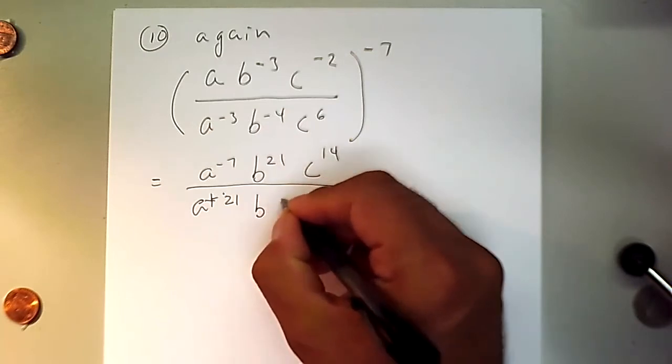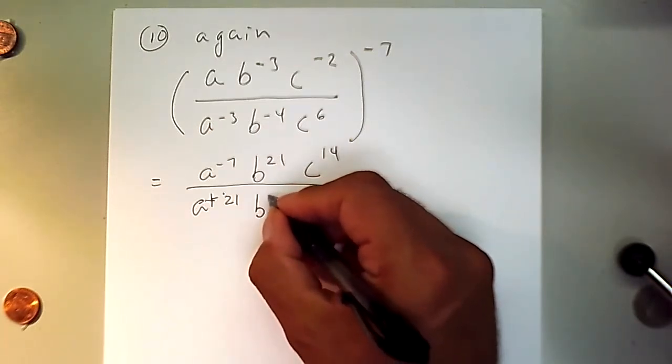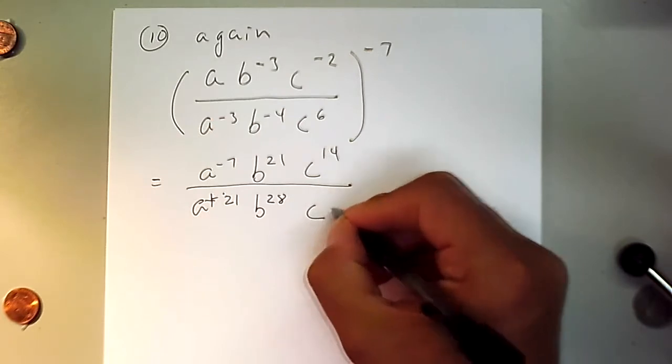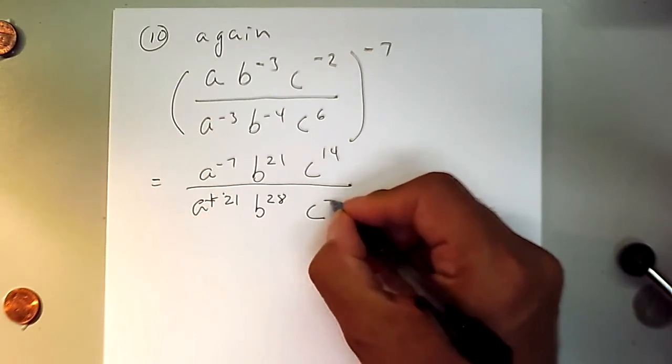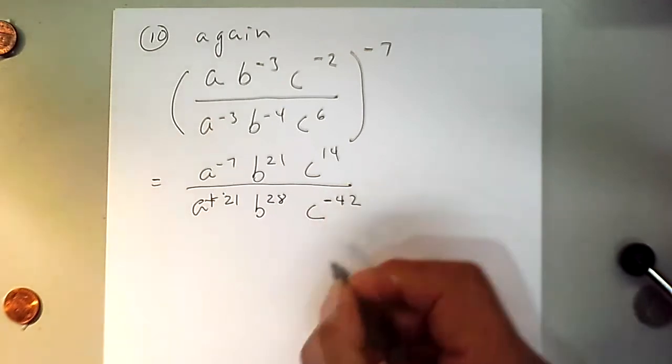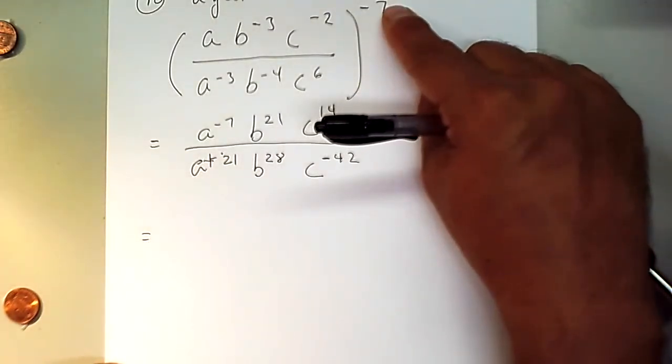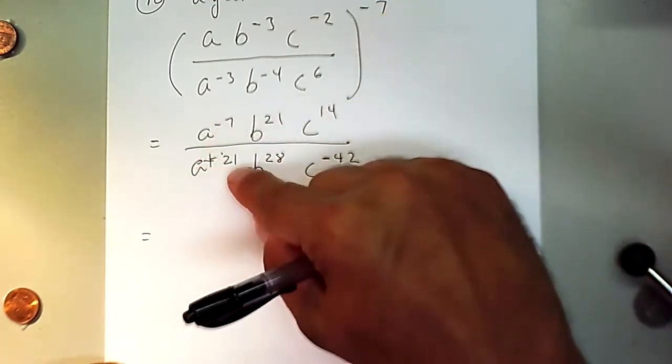So b to the positive 28, and c to the negative 42. Okay, so we took care of the exponent outside, and now we simplify this.